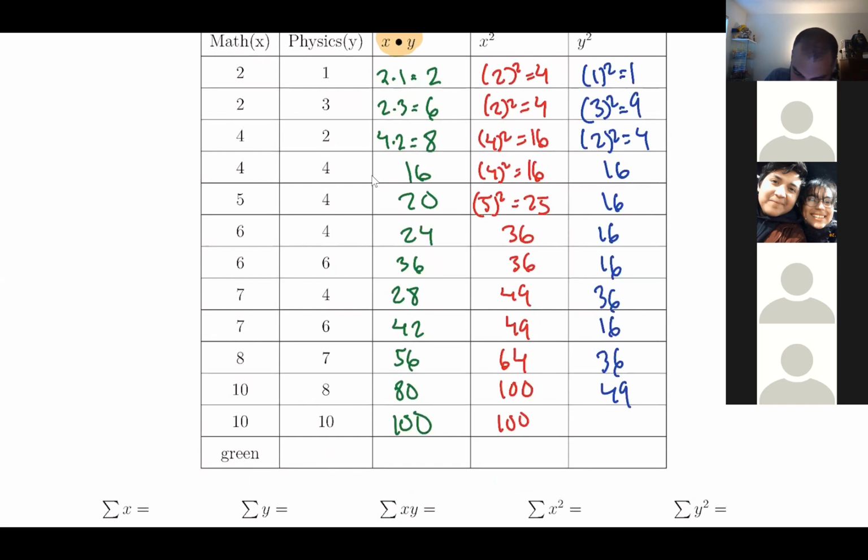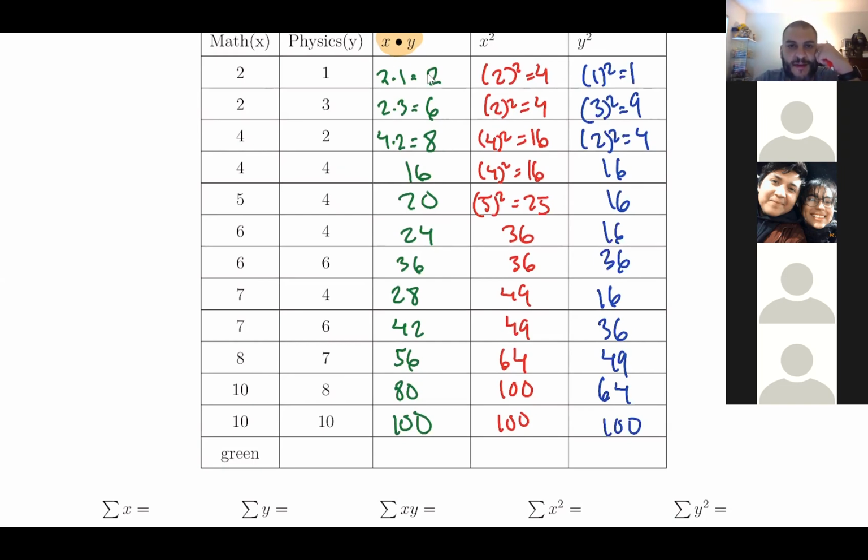Oops, I've been doing this all wrong. Hopefully you weren't copying. So you get 16, 16, 16, 36, 16, 36, 49, 64, and 100. All right, so that's how you get these columns.